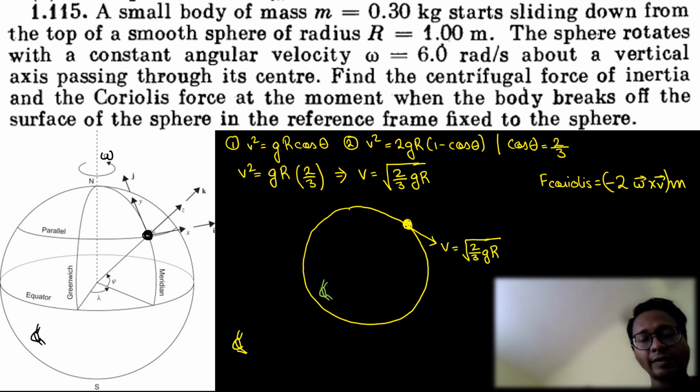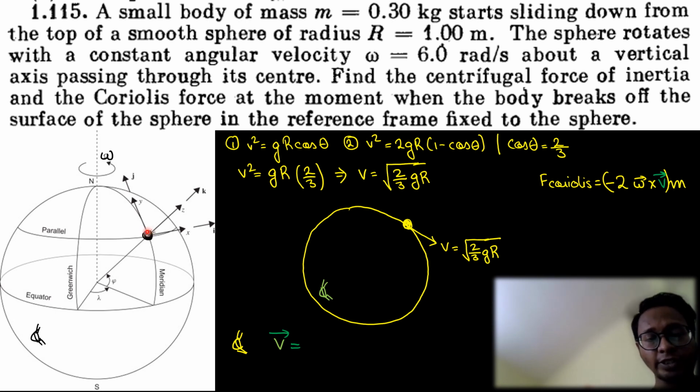See, this is nothing but the velocity as seen by someone on the sphere. I'm changing the color to green so that you understand the difference between this velocity and the earlier velocity. So this velocity is from the perspective of the sphere.